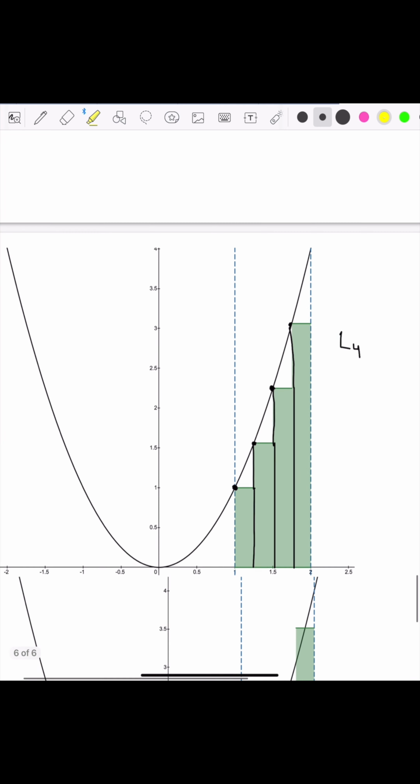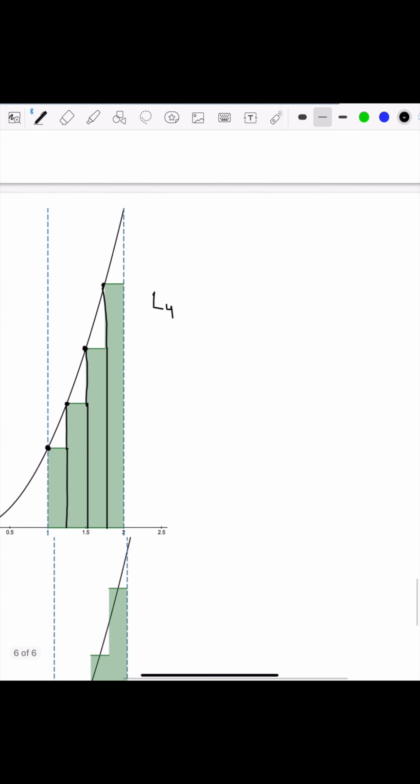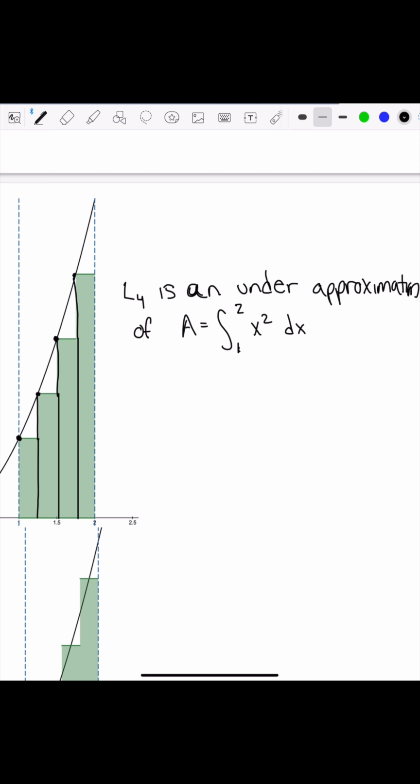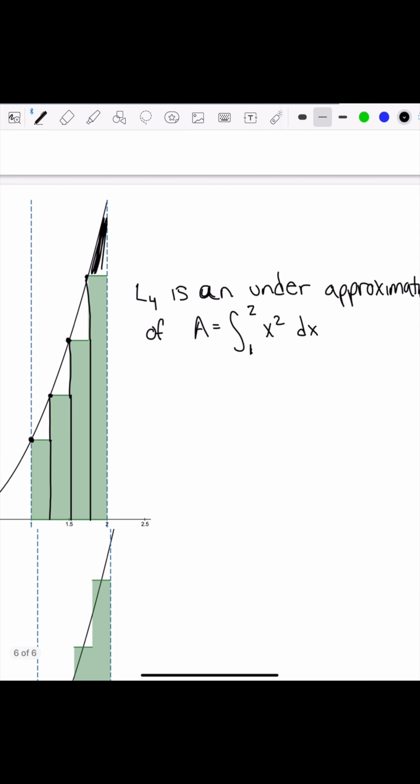That's not included in our L4 approximation. So L4 is an underapproximation of A, which is the integral from 1 to 2 of x squared dx. That's simply because it's going to be missing some of the area that we wanted to include in our calculation.